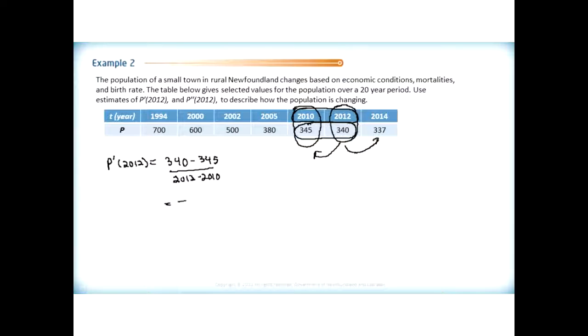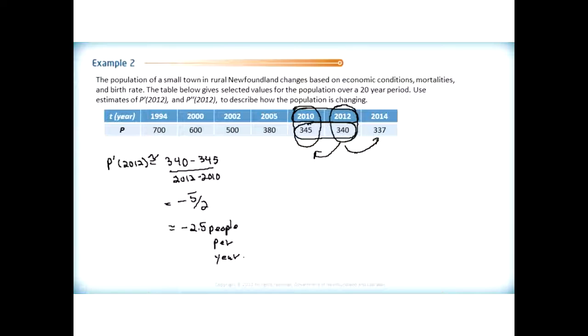And so that's going to give us -5 over 2. So we're going to say that our population change is going to be about equal to, we're losing about 2.5 people per year. I don't know how you lose a half person. Ha ha ha. No, these things are estimates, of course.